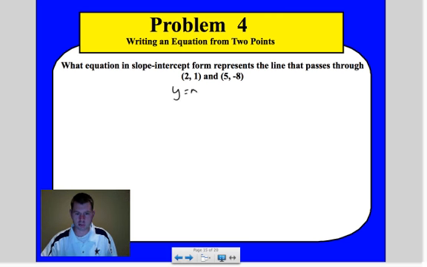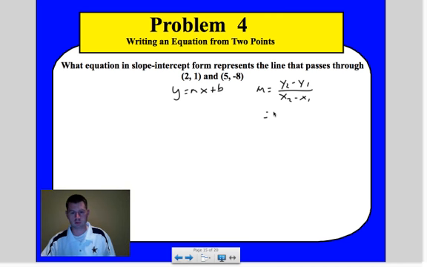So we have y equals mx plus b. The first thing we want to do is figure out m between those 2 points, as y2 minus y1 over x2 minus x1. We can figure out what our slope is, so we're going to go ahead and do that.